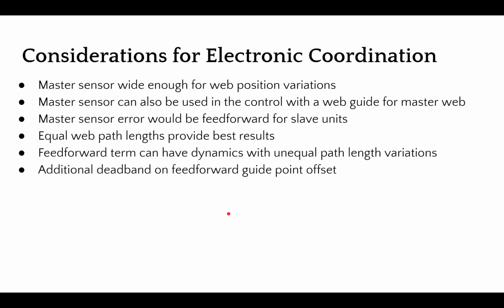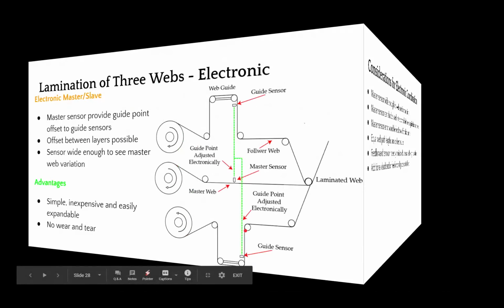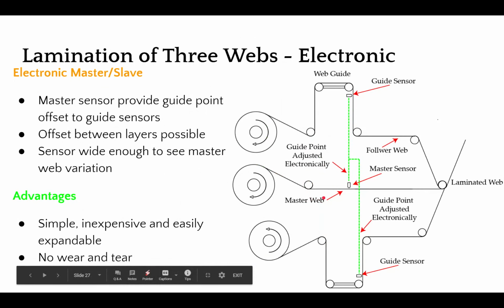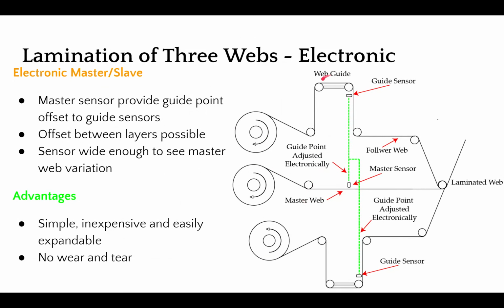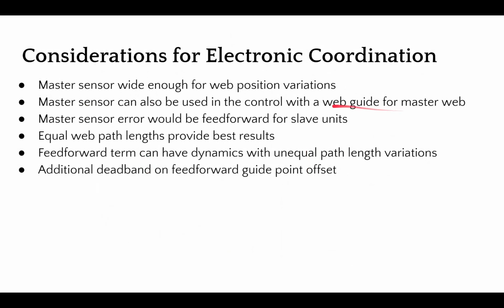Now, in these examples, I showed this master web not being guided, but there's no reason why we can't guide this web with another web guide and use the web position from this sensor, which is guiding the web as well. The master sensor can be used both for control and also for the feed forward signal for all the slave units.